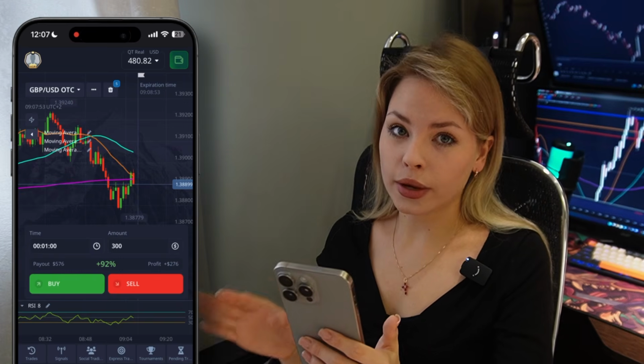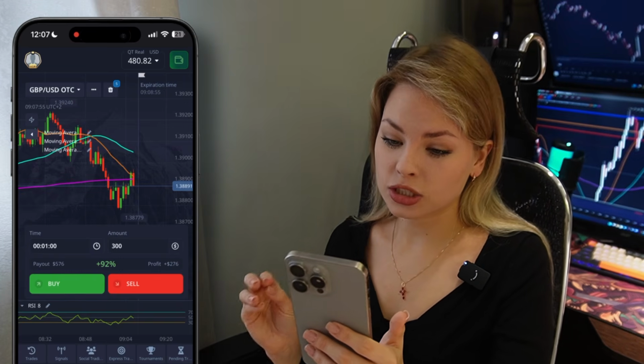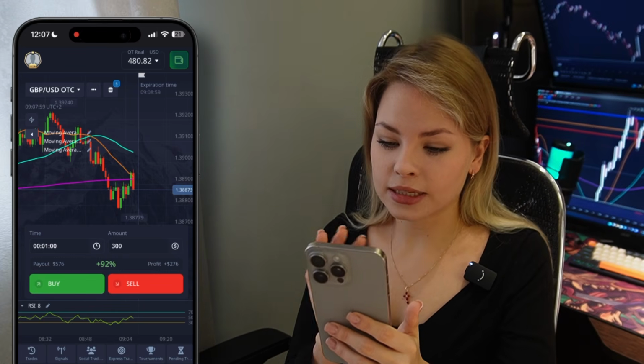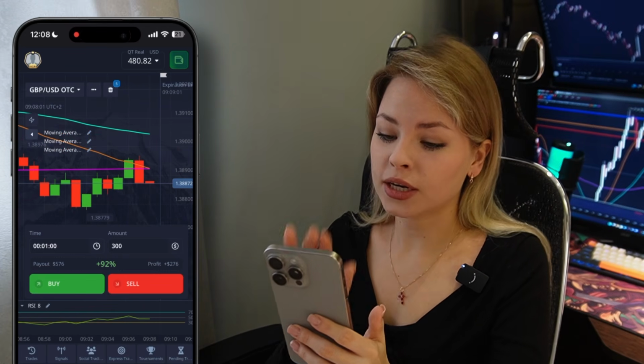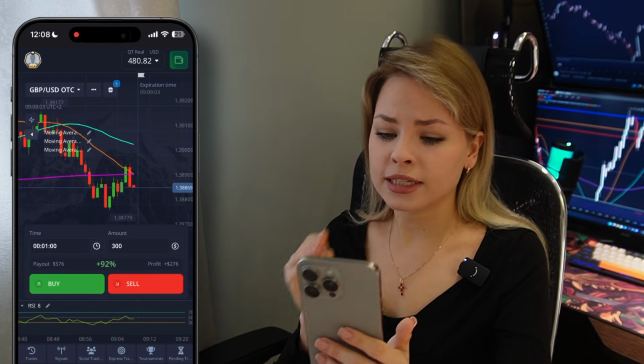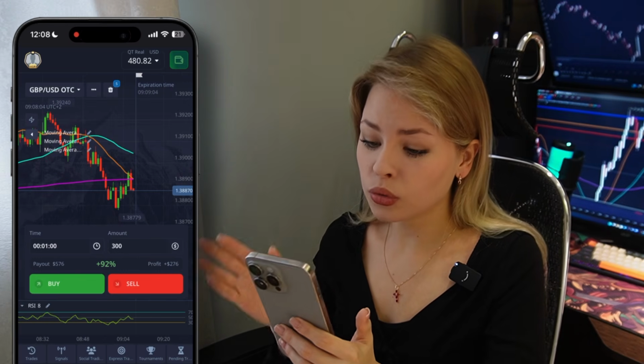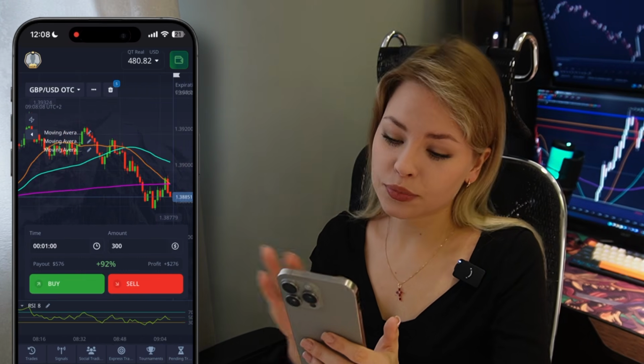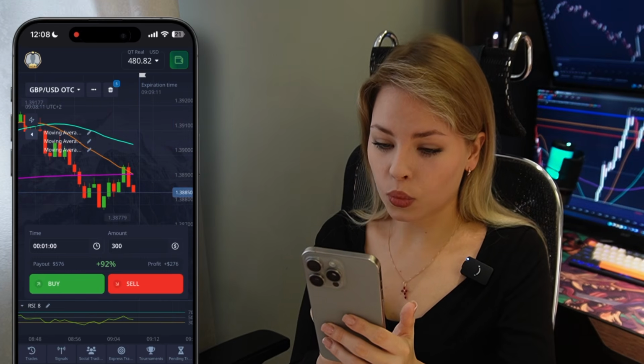Okay, so I wait till a clear position to enter without any doubts. Just a clear breakout or a clear bounce from our RSI level. So let's wait, let's look for maybe another currency pair, I don't know. We'll look.